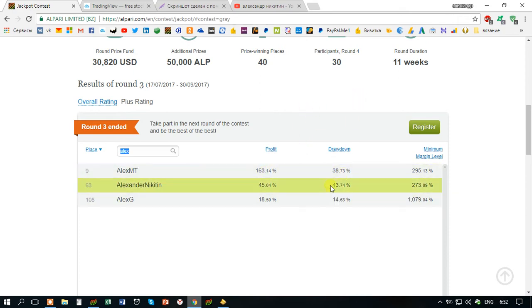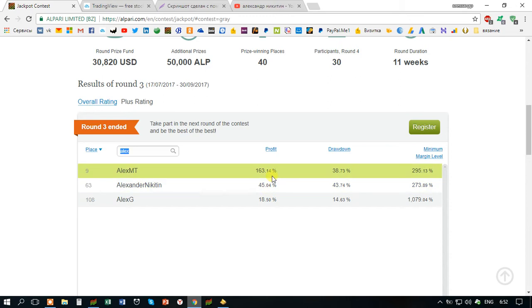If you lose, you open another account, register once again, and open another all-in position until you have that luck and the price starts moving in your direction without any drawdown. But if you go all in, your margin level will be very small, less than 100, maybe 100 something.